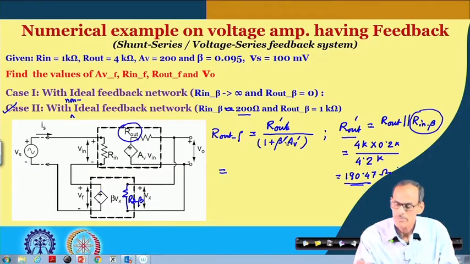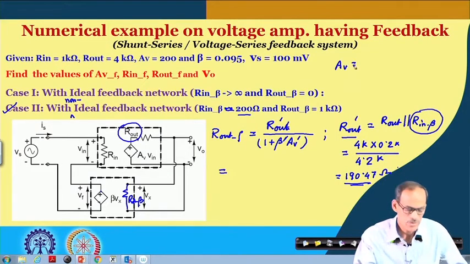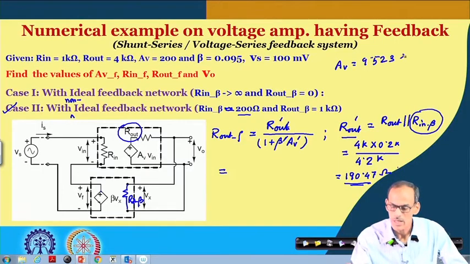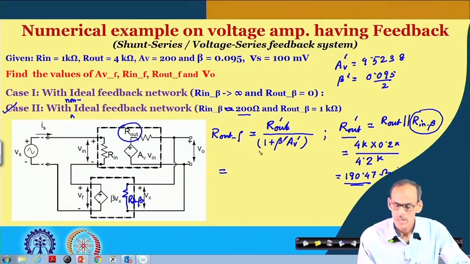The beta dash and AV dash we have already calculated before. AV dash is 9.5238 and beta dash is 0.095 by 2, and this factor is 1.45238.